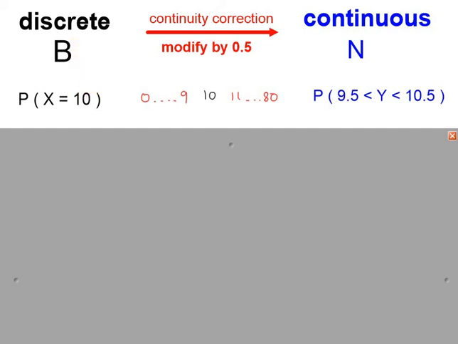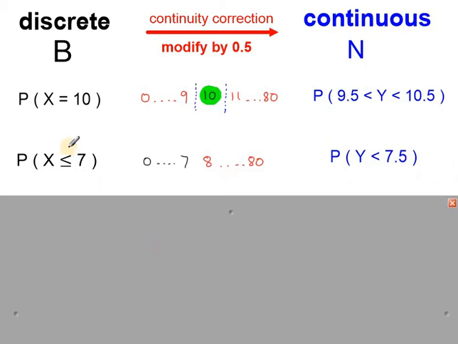So equals 10 means we only want this value. Now if you look at the boundary between what you want and what you don't want, so I want the 10, I don't want the 9, I don't want the 11. The boundary here and here, in between the 9 and the 10 you've got 9.5, there it is. In between the 10 and the 11 you've got 10.5, there it is. That's another way of looking at where these two values come from.